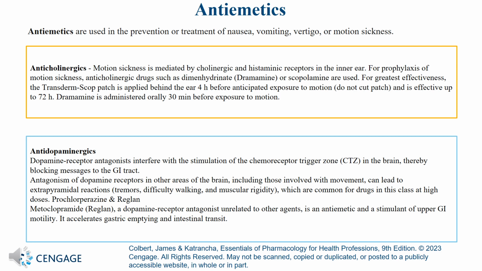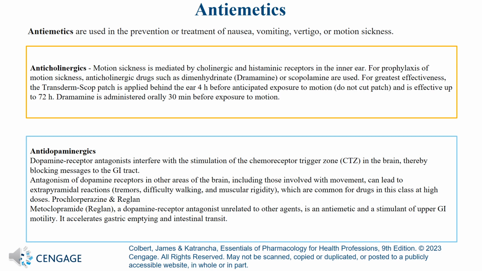Okay, so we're going to talk about your antiemetics, and they're used in prevention or treatment of nausea, vomiting, vertigo, or motion sickness. Our first one up is anticholinergics, which is usually used for motion sickness.